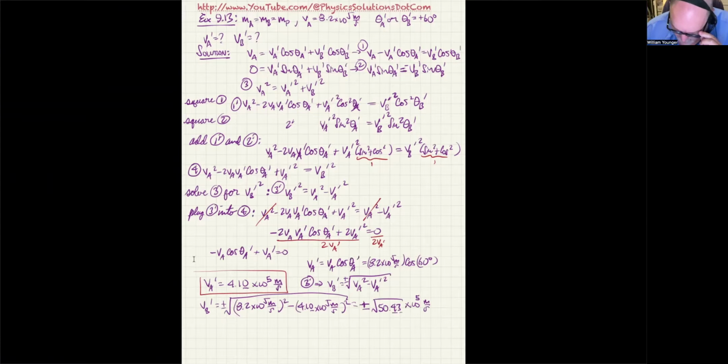And we're going to go on with the magnitude just being positive. So the square root of 50.43 is in fact 7.10. So now we have VB prime equal to 7.10 times 10 to the fifth meters per second. And that's our VB prime.